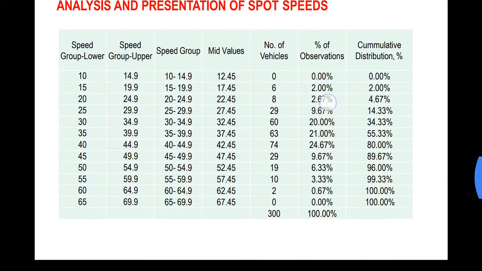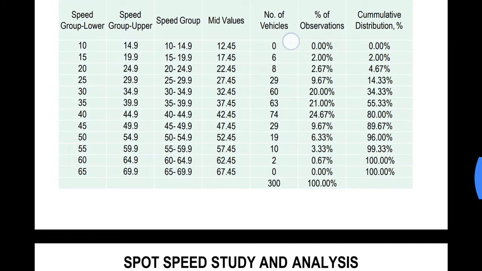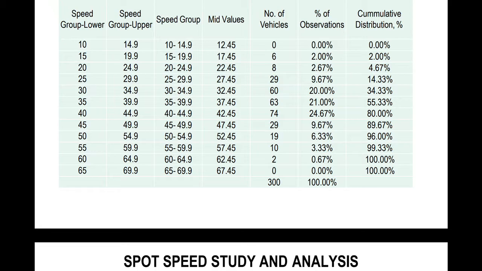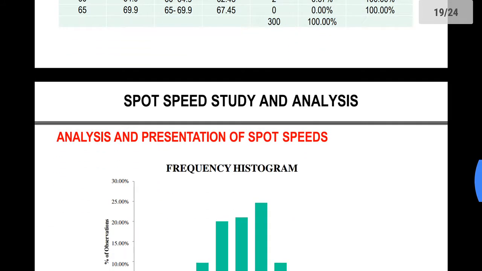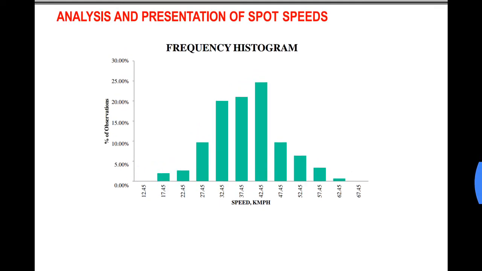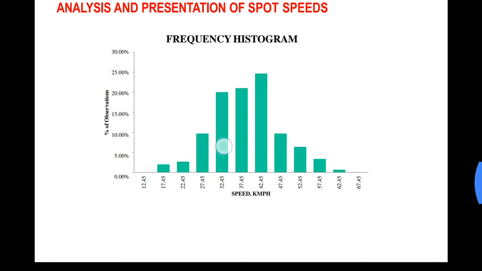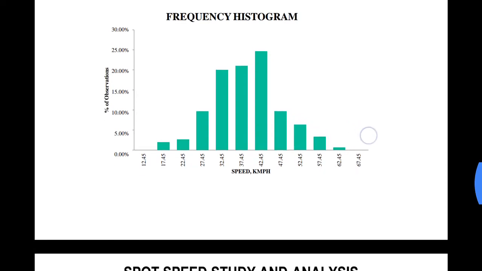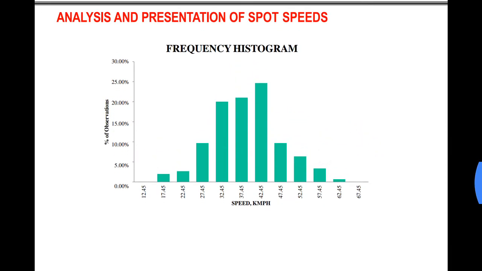So for 12.45 it is 0, for 17.45 it is 2. So at 17.45 the value is 2, somewhere here. Similarly you can plot this graph. So this is the frequency histogram presentation of the spot speeds.